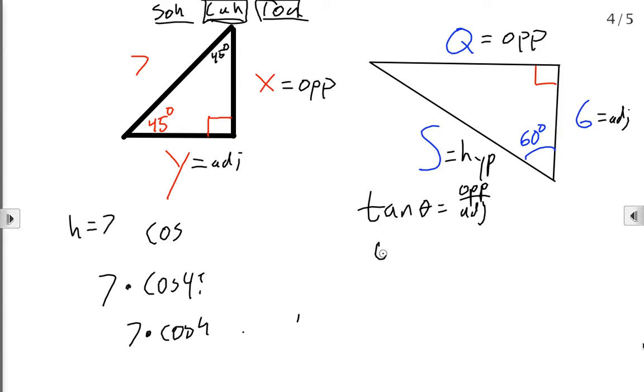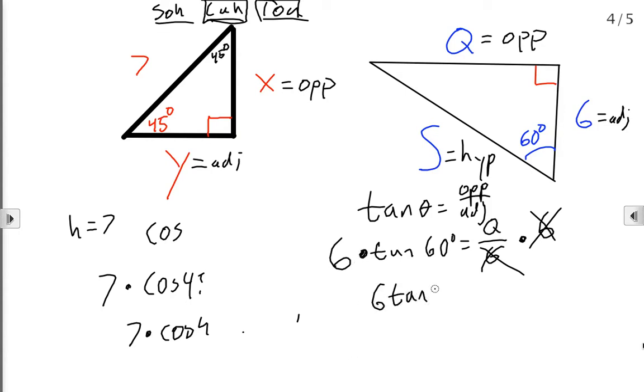In this particular case, we know that theta is 60 degrees. We do not know what the opposite is. We'll call that Q. But we do know that the adjacent is 6. And this one's going to be the same kind of step. To get rid of divide by 6, we need to multiply by 6. And then whatever we do on one side of the equation, we must do on the other. So we're going to multiply by 6 on the left. And our answer will be whatever 6 times tangent 60 degrees is.